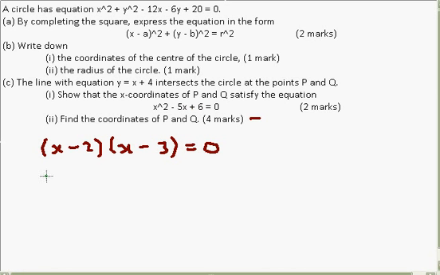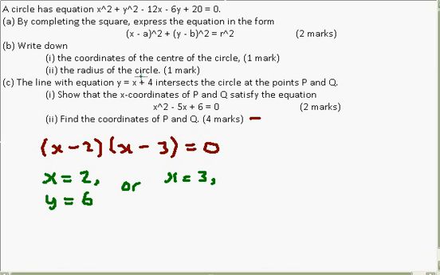So we're either going to have, for this to be true, x is 2, in which case, if x is 2, then from the equation of the line, y must be 6, or x is 3.